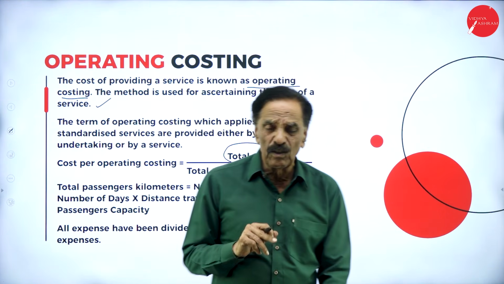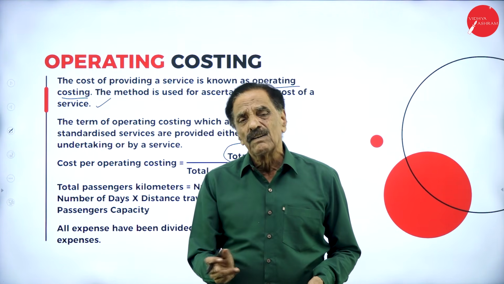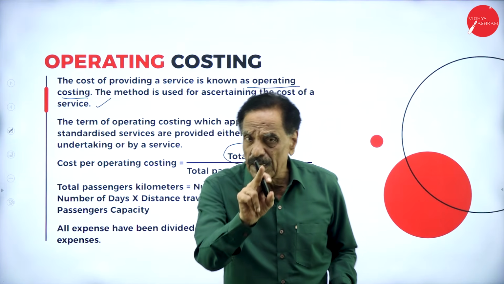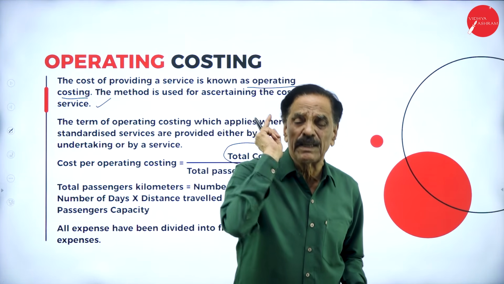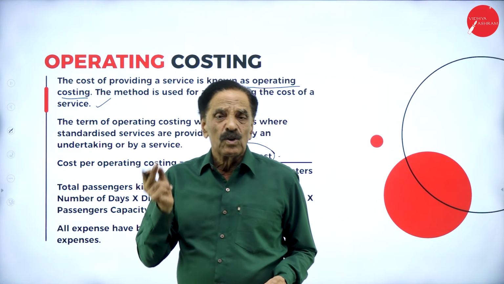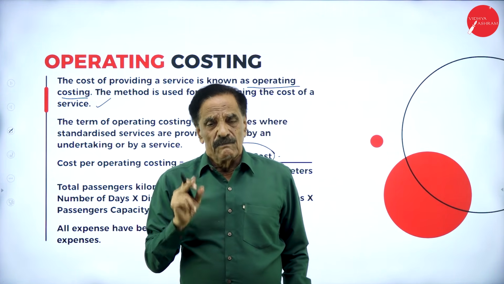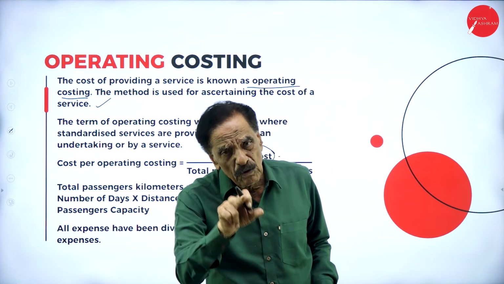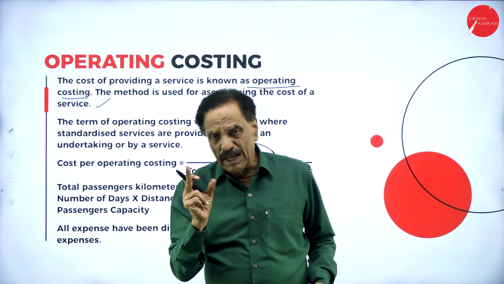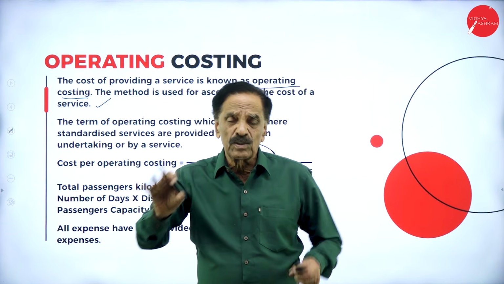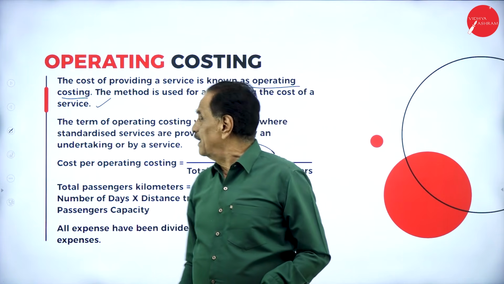So you have to find out which are the variable and which are the fixed. Variable cost per unit remains constant, whereas total fixed cost remains constant.